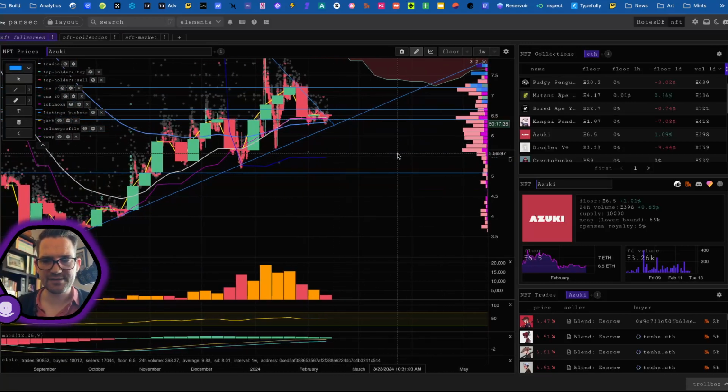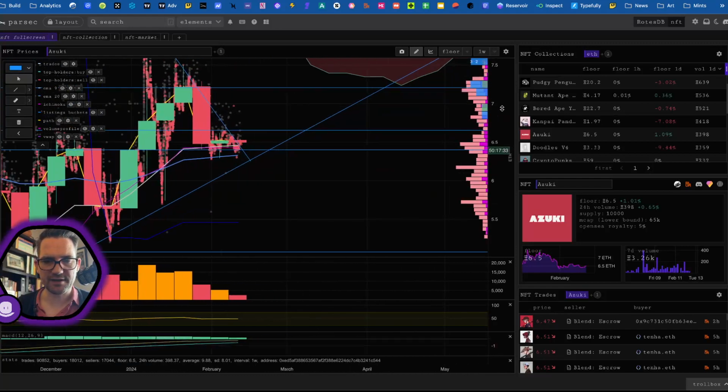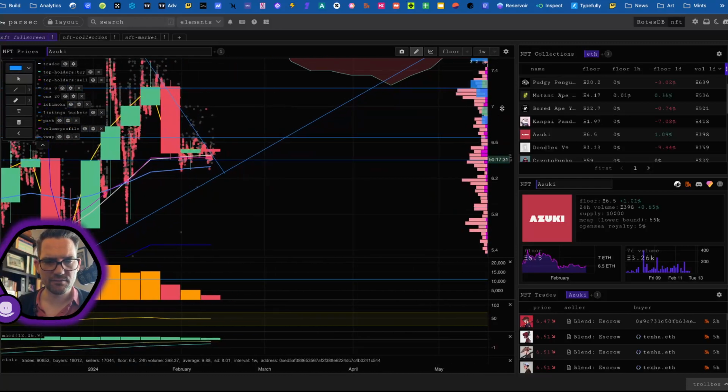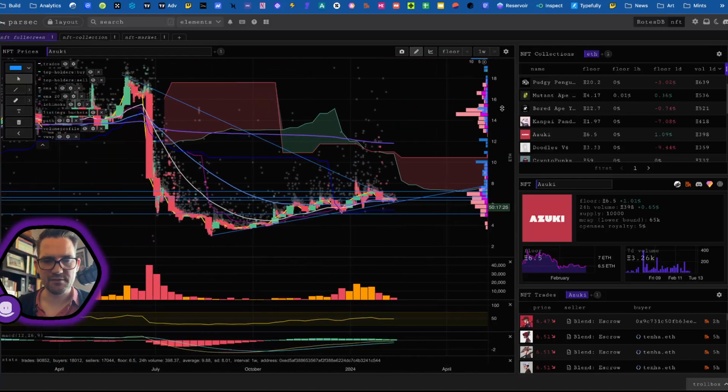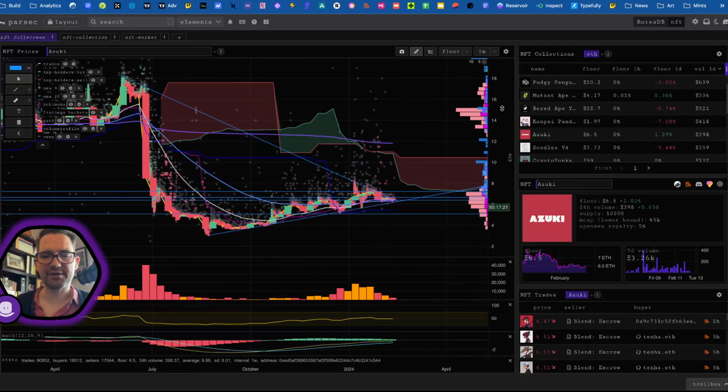So on the weekly, there's still a couple days left on that candle, but yeah, it's a bit of an interesting spot there for Azuki. Maybe they got some big news that they're going to come out with here based on this chart.